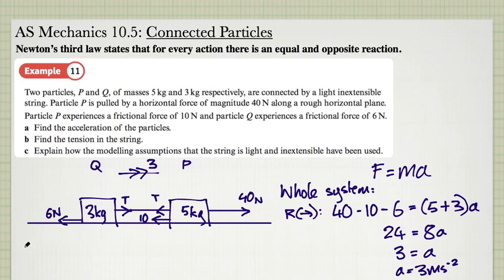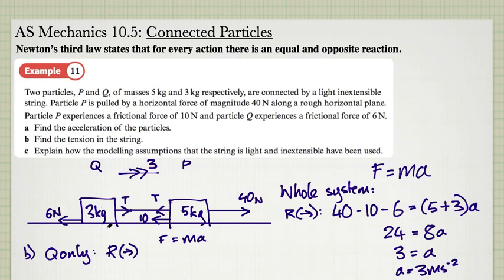So for part B, again, it's important to label what I'm thinking about here. So I'm going to say Q only. So I'm thinking about Q on its own. I'm going to resolve horizontally again. But now that I know the acceleration, I'm going to be able to put that into an F equals ma formula.